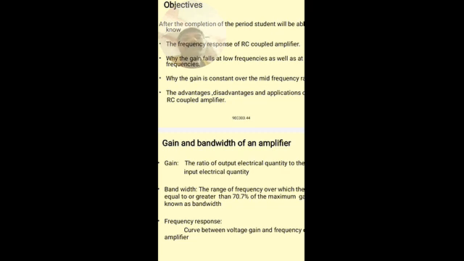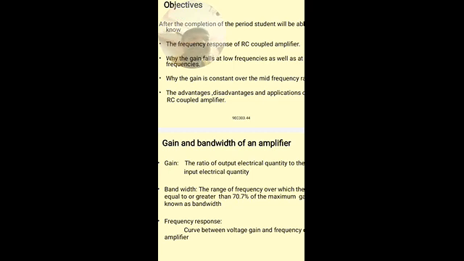By bandwidth we can define: the bandwidth is the range of frequencies for which the gain is equal to or greater than 70.7% of its maximum value. In between that range, where the gain is greater than or equal to 70.7% of its maximum value, those ranges of frequencies we call the bandwidth of amplifier.